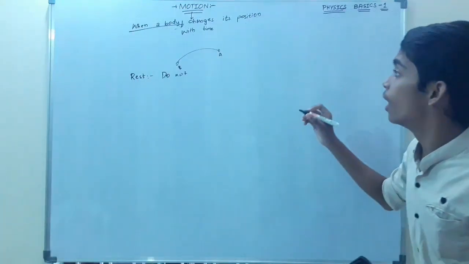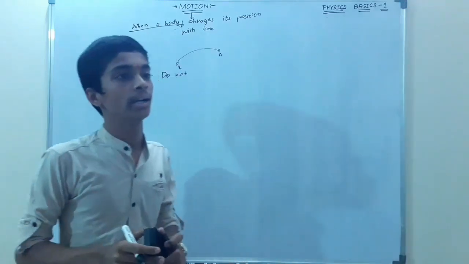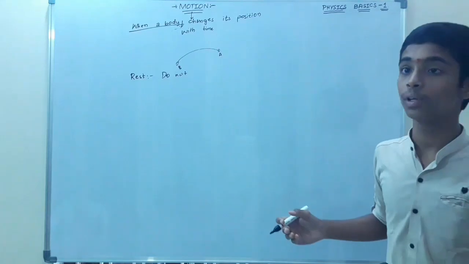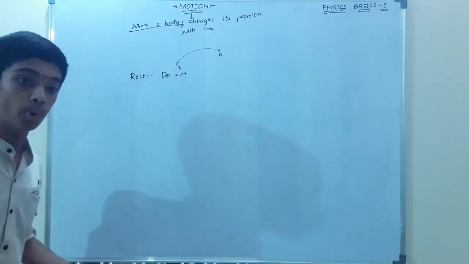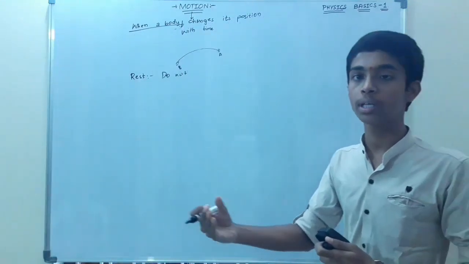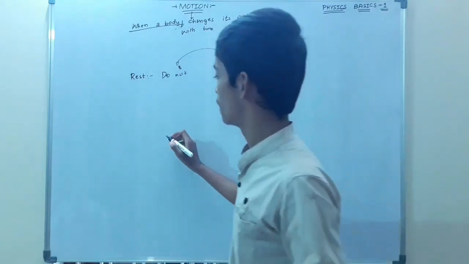They both are relative terms. Let's take some instances and examples where we can know all this. With respect to some points, some bodies are in motion, and with respect to other points, they are not in motion. We will go for one example.